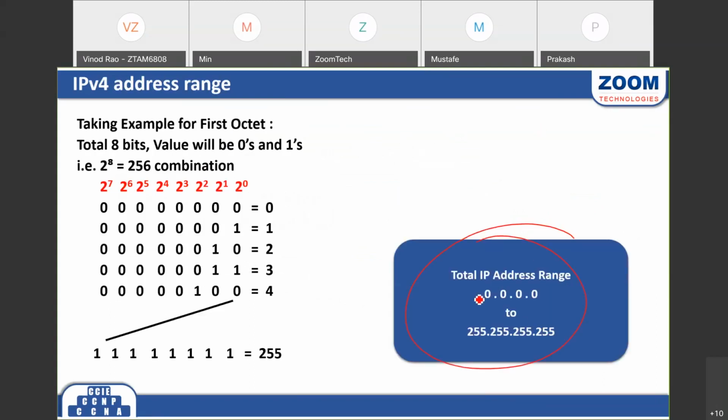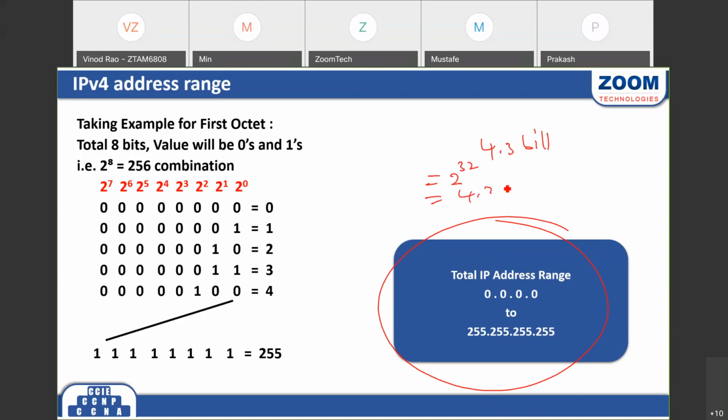And copy this slide. So 4.3 billion IP addresses means 2 power 32 combinations. What is 2 power 32? 4.3 billion.